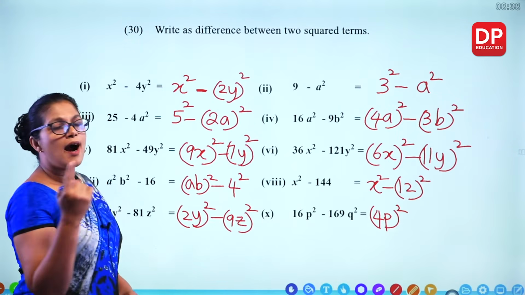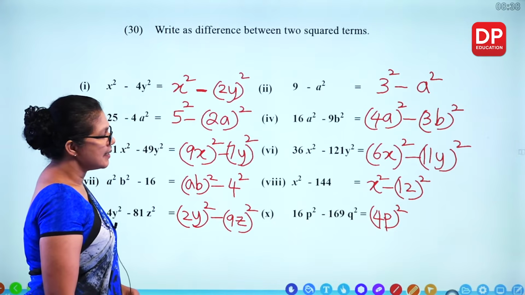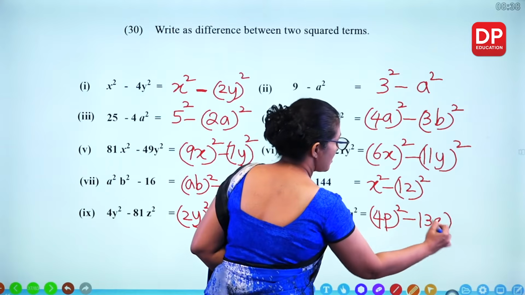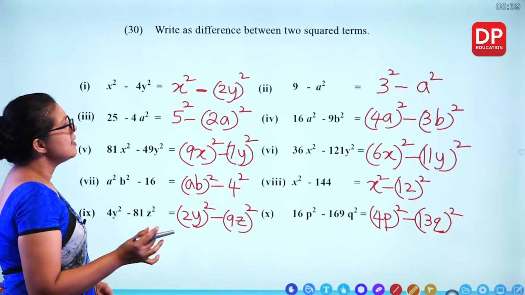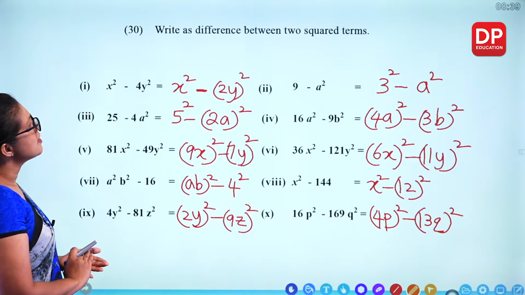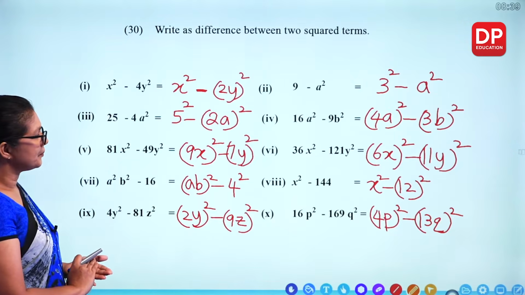So like that, 169 is 13 times 13, 13q squared. So in this one, we did writing any expression in terms of difference between two square terms.